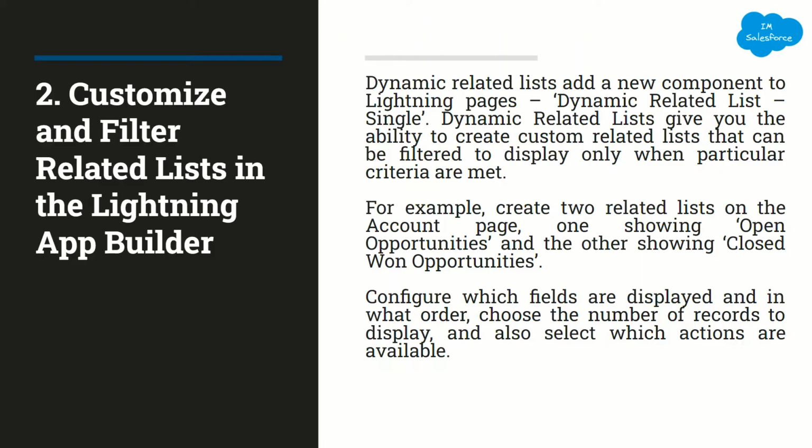The second one is customize and filter related list in the Lightning app builder. Previously we were just able to add a single related list in the Lightning app builder or Lightning page, that is the record page, and we can just set up the visibility according to our requirement.